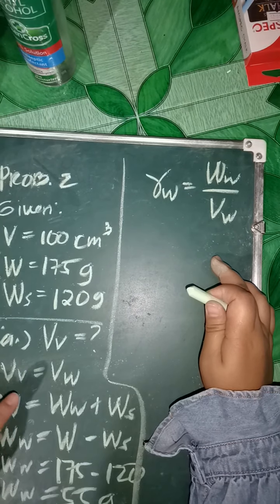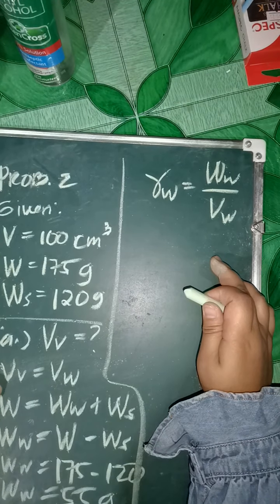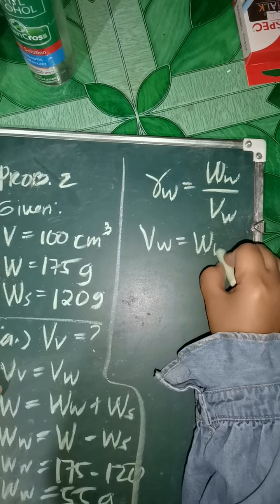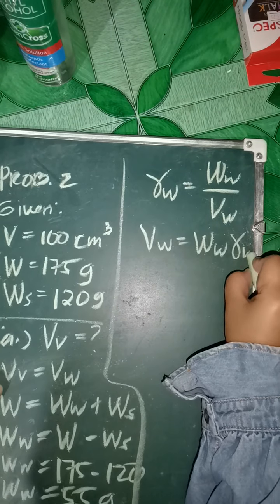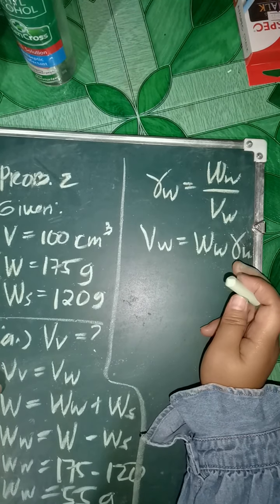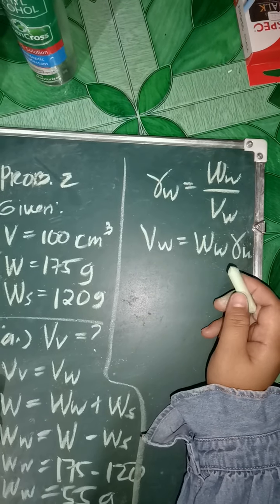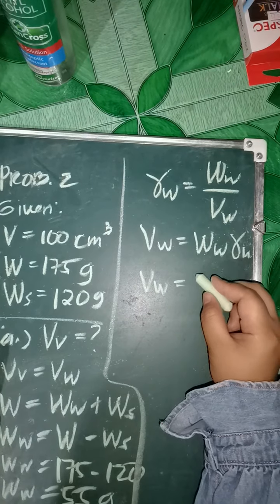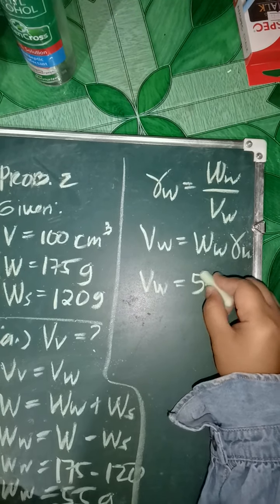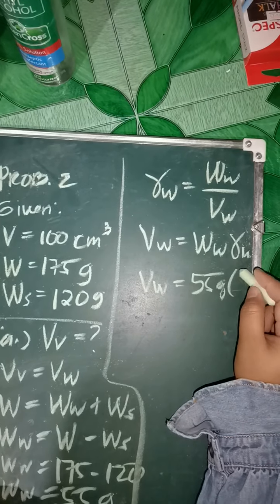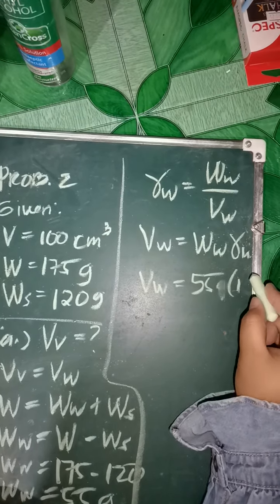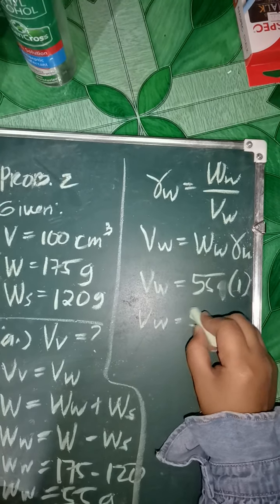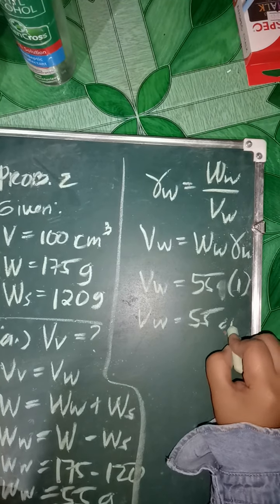To solve for the volume of water, which is equivalent to the volume of voids, the volume of water equals the weight of the water divided by the unit weight of the water. The unit weight of the water in terms of grams per cubic centimeter is equivalent to 1. So the volume of water equals our weight of water, 55 grams, divided by 1 gram per cubic centimeter. So the volume of the water becomes 55 cubic centimeter.